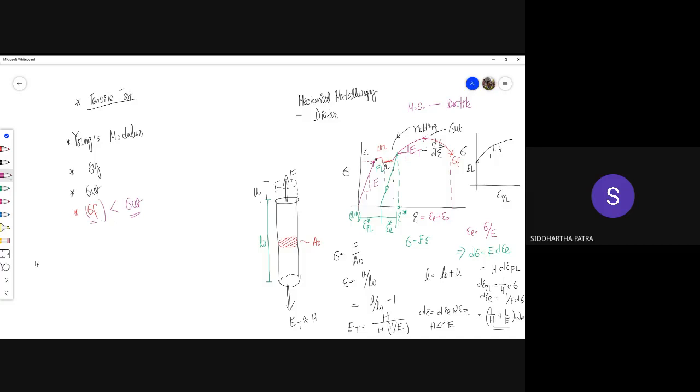So that is your first assignment question: why does a material fail at sigma f, which is less than sigma ut?